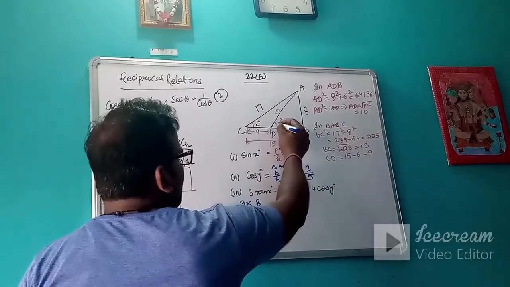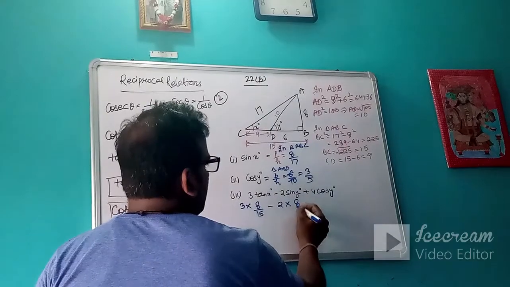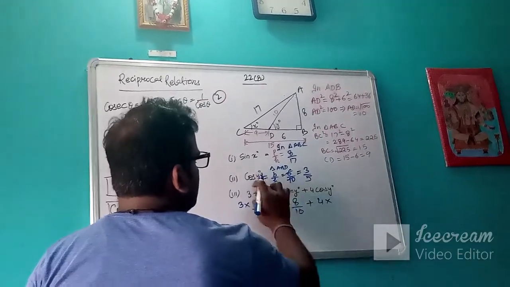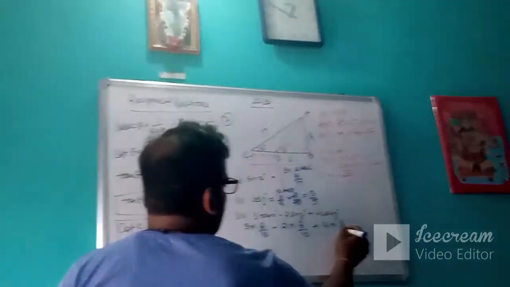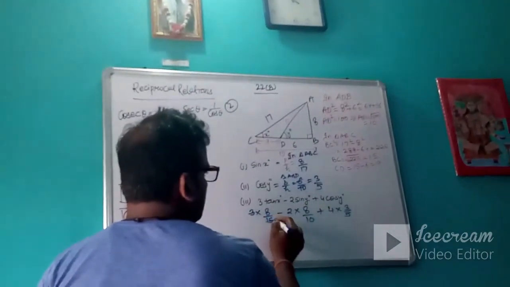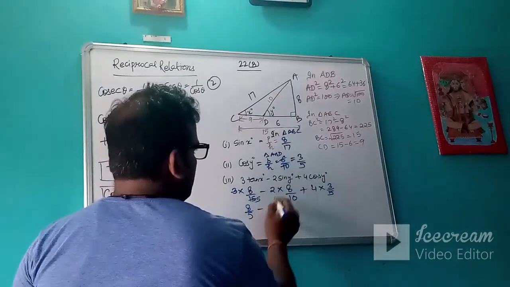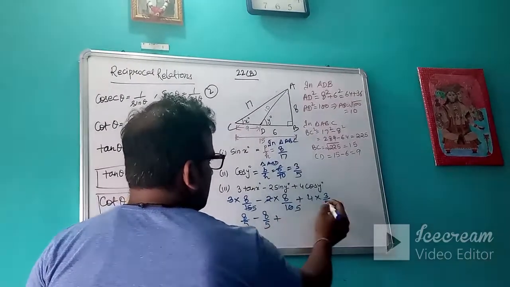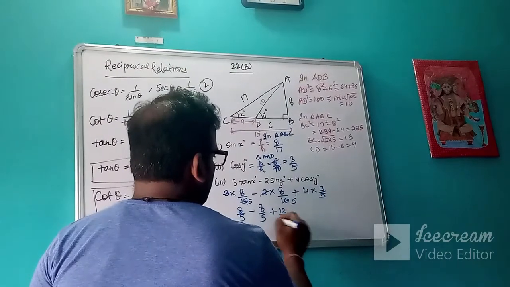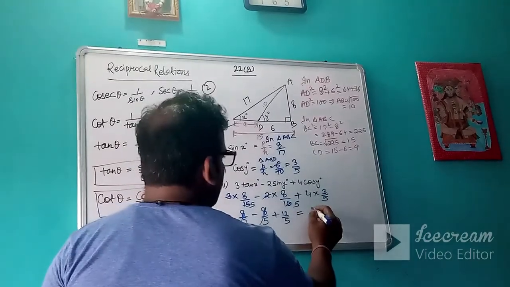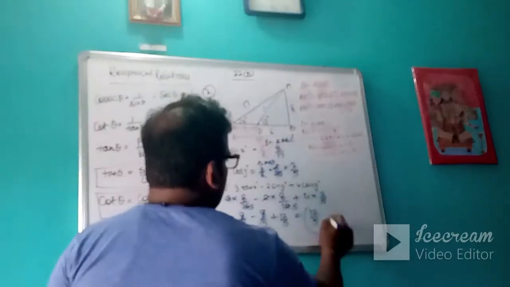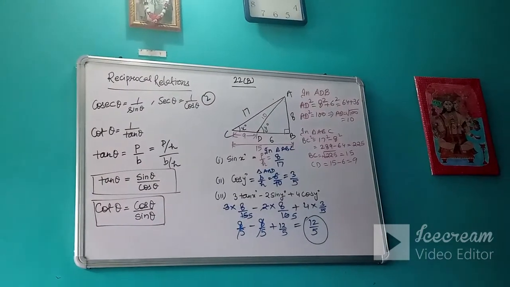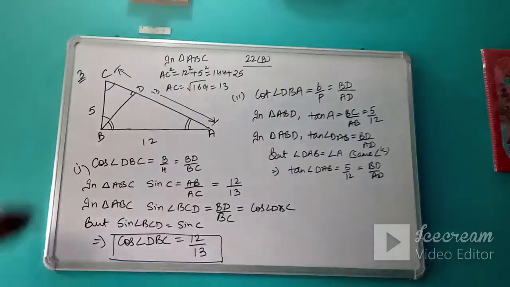Sine of y will be 8 upon 10 plus 4 into cos y. This value we will use, 3 upon 5. So it is 8 upon 5 minus 8 upon 5 plus 12 upon 5. These will cancel out, and you will get the answer as 12 upon 5. So like this you can calculate the values. Okay, suppose this question is there.